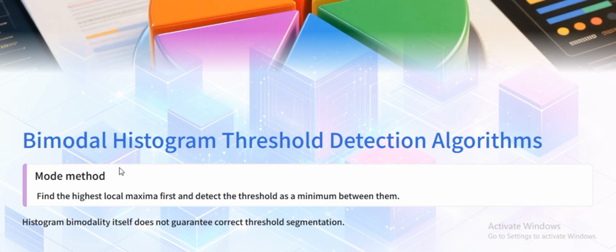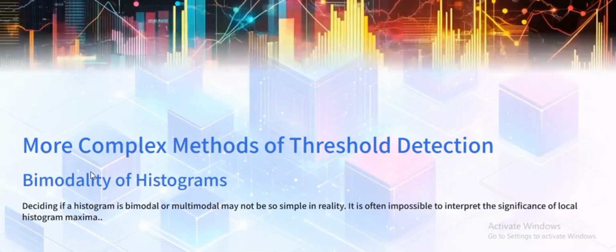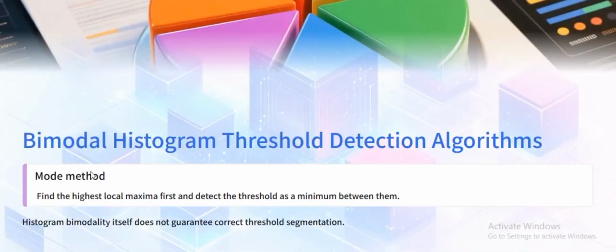So, some of the bimodal histogram threshold detection algorithms are being given. Here we discussed bimodal and multimodal. Under the bimodal process, there are different types of algorithms that we are going to use. One is the mode method. In the mode method, we first find the highest local maxima, that is the highest maximum value that produces the brightness, and detect the threshold as the minimum between them.